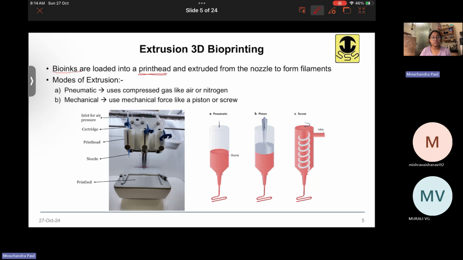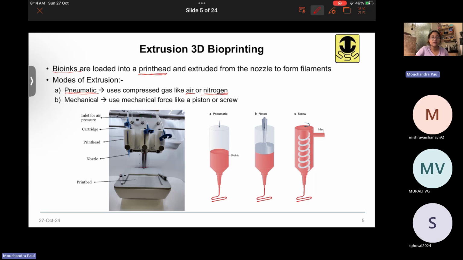You can do extrusion in a machine in different ways. You can use pneumatic force, like air pressure, in order to extrude your bioink. People use normal compressed air or nitrogen gas. Nitrogen is inert, so it will not react with the bioink.